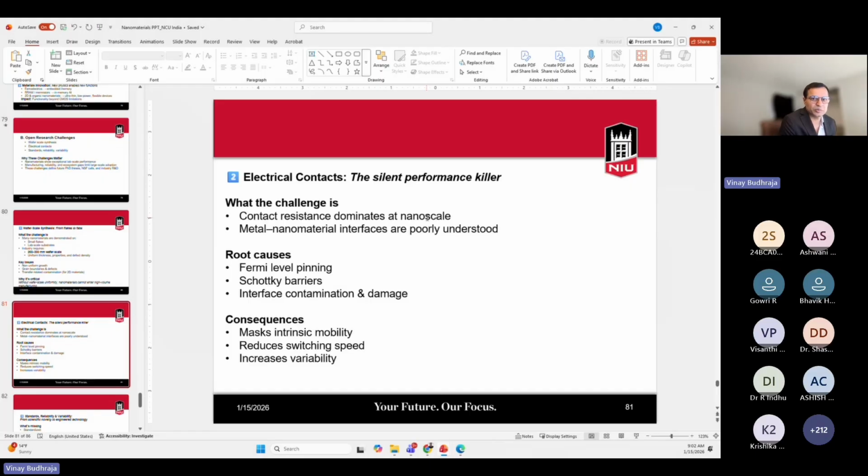When you make multiple device arrays, many times you will see the device performance is not very uniform, and it has many different parameters. So the fabrication is really complicated, especially with the nanomaterials, and the uniformity of the thin film layer is another challenge. So that is reflected in the contact resistance at different interfaces.